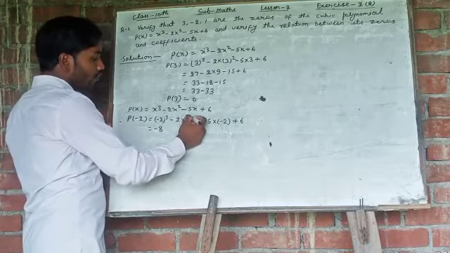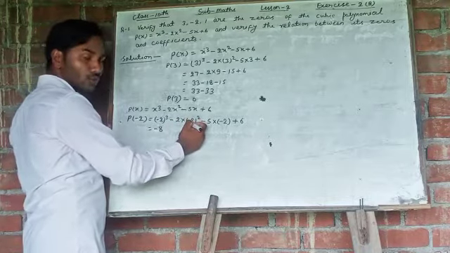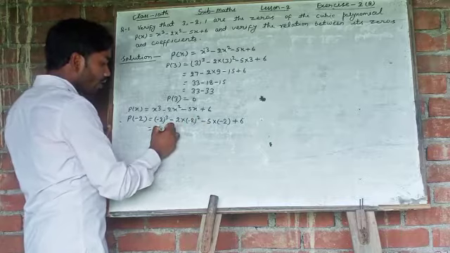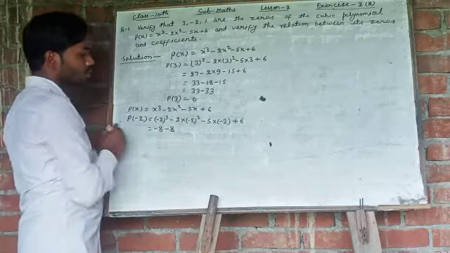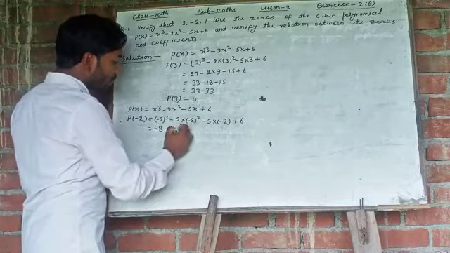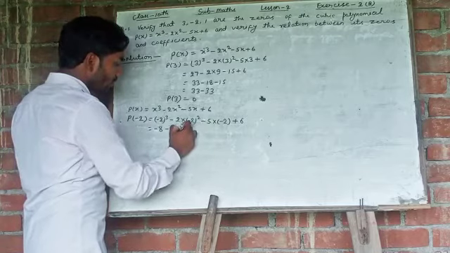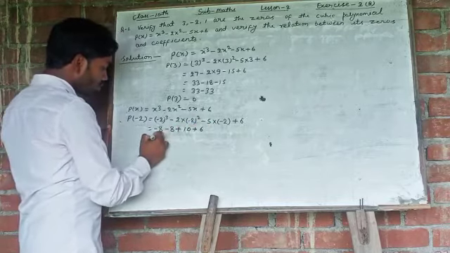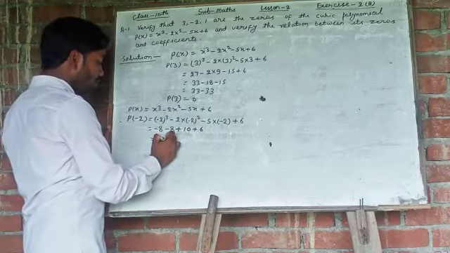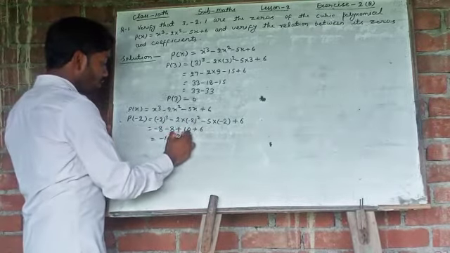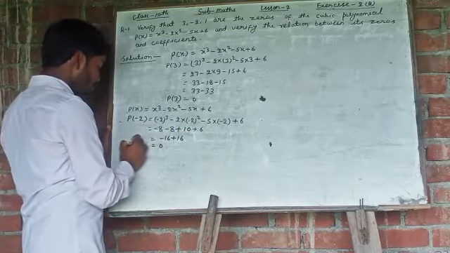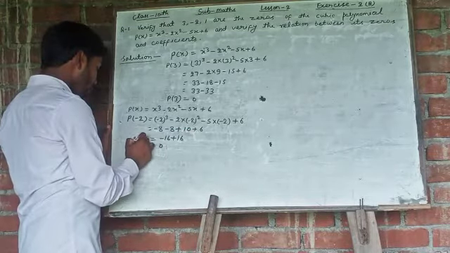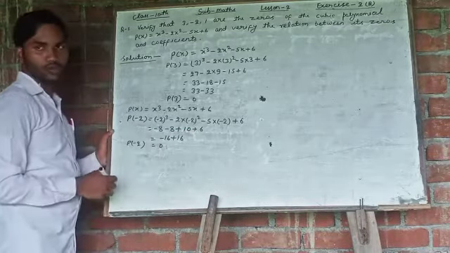From here, 2² is 4, and 4 times 2 is 8, so -8. And here 5 times 2 is 10, minus into minus is plus, and this one 6. So -8 - 8 + 10 + 6 = 0. So p(-2) is also 0.